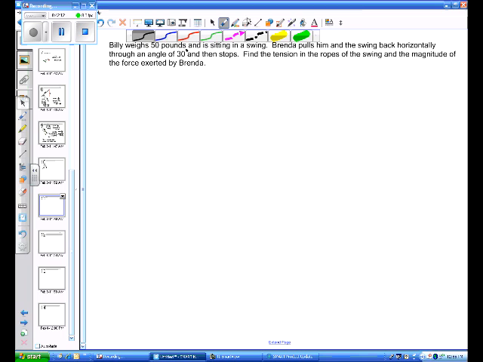So if we thought of a picture of this, and we're going to draw this several ways when we start doing this, what ends up happening is Billy's sitting in this swing, his weight's holding him down. Now, Brenda's going to take him and she's going to pull him back horizontally. So she'll pull him back until he's over here. And we've got the rope acting upon that.